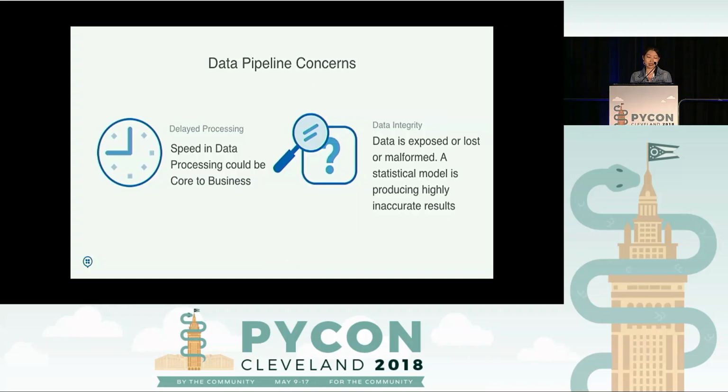To summarize, essentially there are two core concerns. One is in terms of time and delayed processing, and the other is in terms of data integrity. Both of those are incredibly critical to core business operations, especially depending on what your SLA relies on and what your customers expect out of your data.